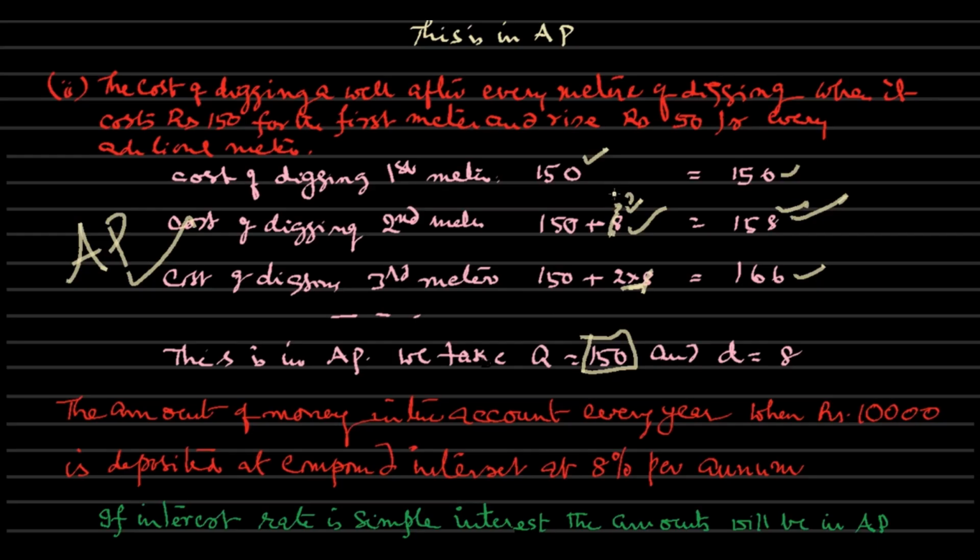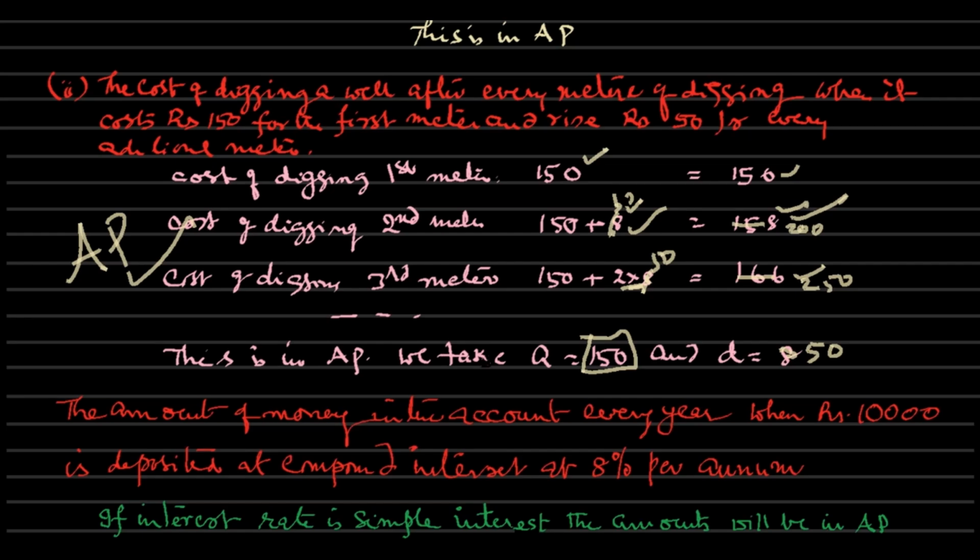This is 50. This is another 50. 150. This is 200. This is 250. That's it. A, the first term, is 150 and D is 50. Final answer.